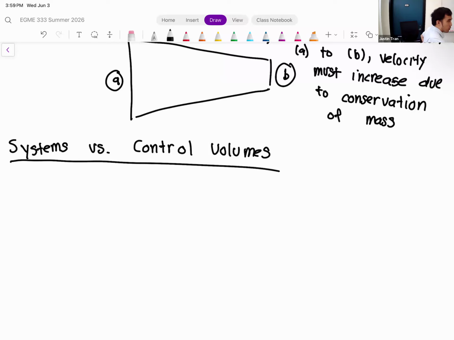So, one thing we're trying to accomplish with these lecture notes is setting ourselves up to be able to apply the conservation laws to general fluid flow.